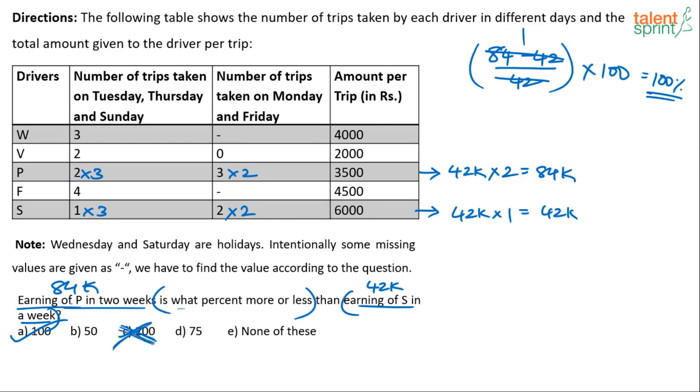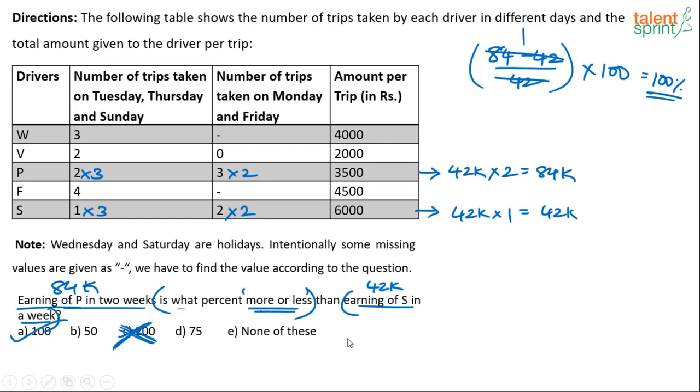A very commonly committed mistake in this question would be marking the answer as option C. You are right if you say 84 is twice of 42. Correct. 84 is twice of 42 means 84 is 200% of 42,000. But is he asking 84 is what percentage of 42? No, he's asking 84 is what percentage more or less than 42.